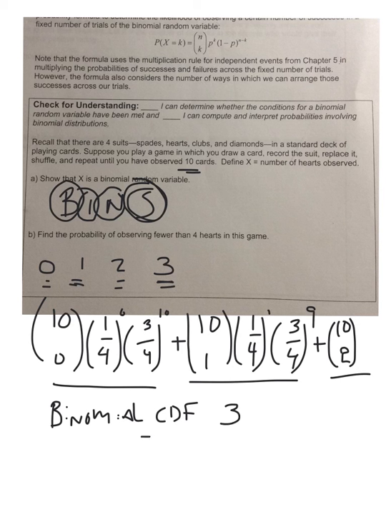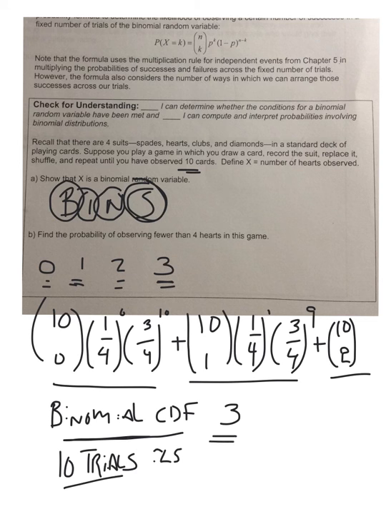So binomial CDF, 10 trials. Let's see, what's the probability? 0.25 for the probability, and our X value is going to be 3. Okay, there you go, that's the first one.